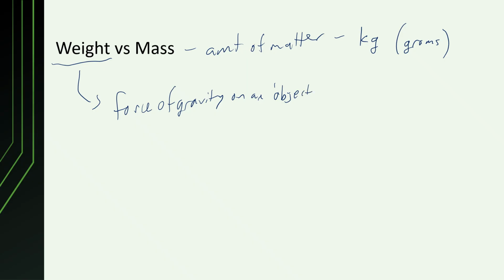We frequently use pounds for weight, but there are other units. It's not going to be super important for you to know how to measure or define weight for a chemistry class, but I did want to point out that there is a difference between weight and mass. So even if you hear people say weigh the substance as a verb, they're going to mean measure the mass of the substance.